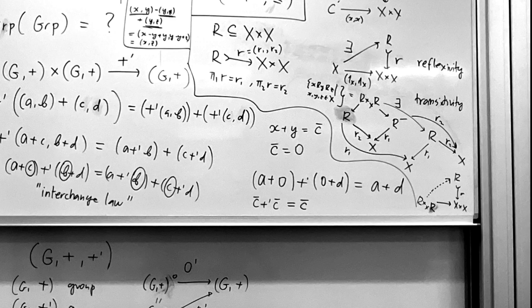What do we have on the other side? On the other side, we have c bar. So then c bar ends up being 0. And I think this means that it's not necessarily an abelian group.